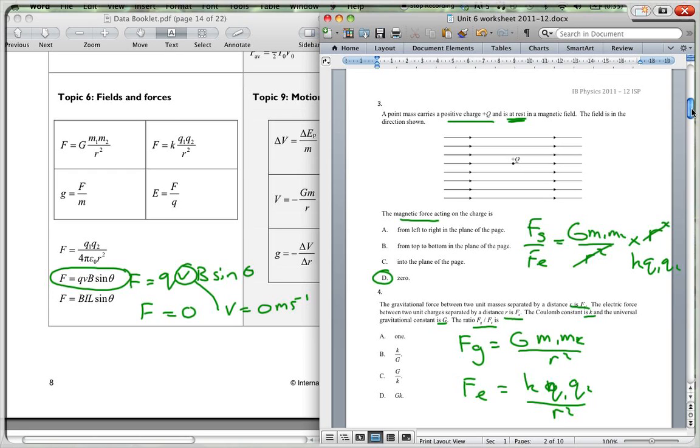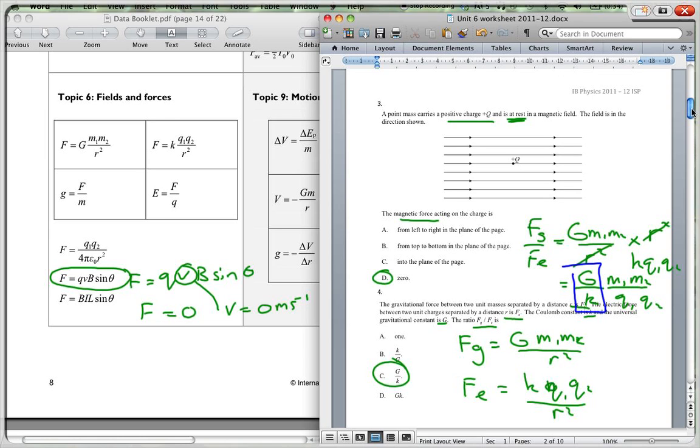So these two will cancel, and we'll be left with G over K times m1 m2 over Q1 Q2. Now looking here, we've actually got no answer that seems to be correct. The answer that was given as correct was this one over here.